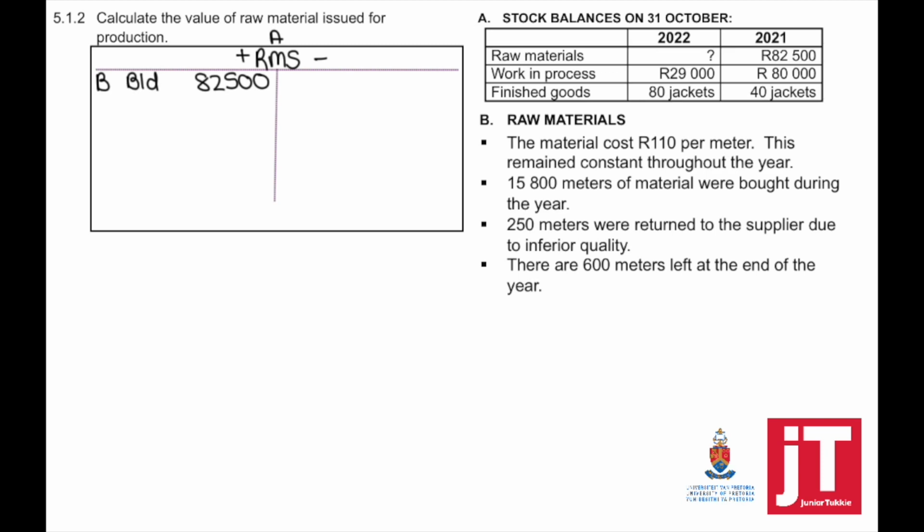15,800 meters of materials were bought during the year. So this means that we've purchased 15,800 meters at 110 Rand per meter.